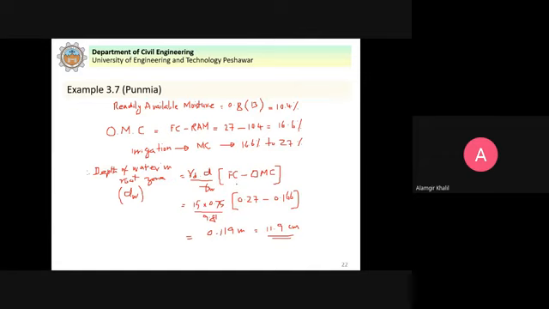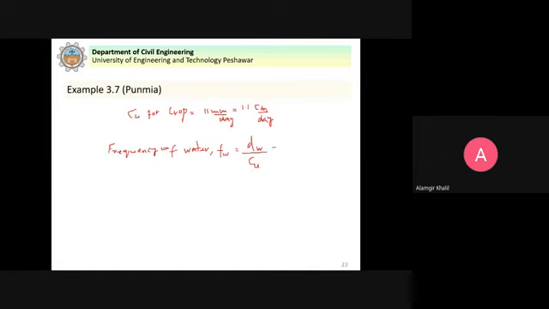This is how much? 11.9 centimeter, divided by the consumptive use 1.1 centimeter per day.